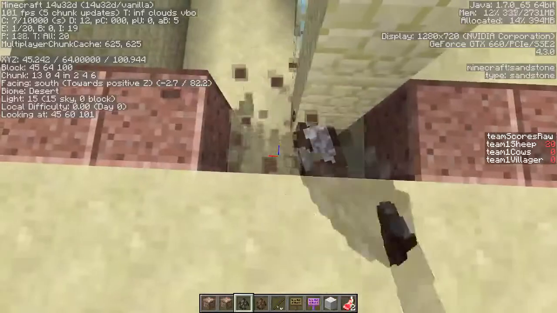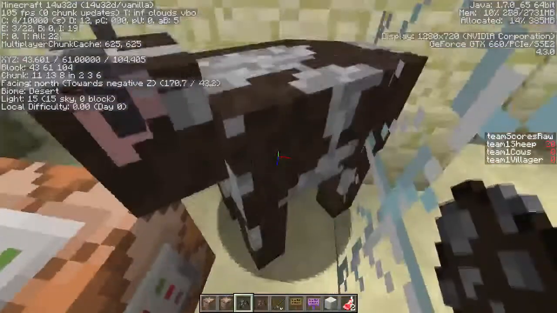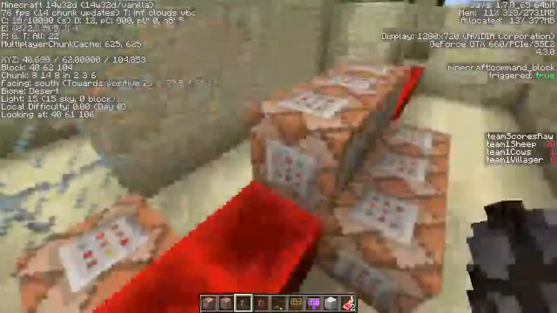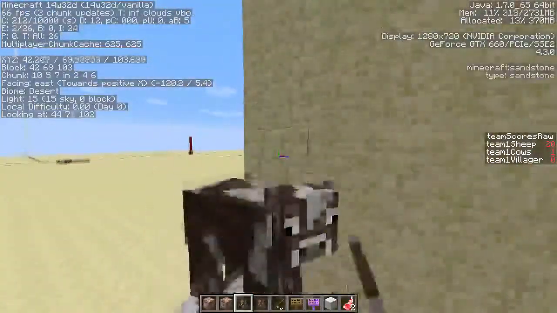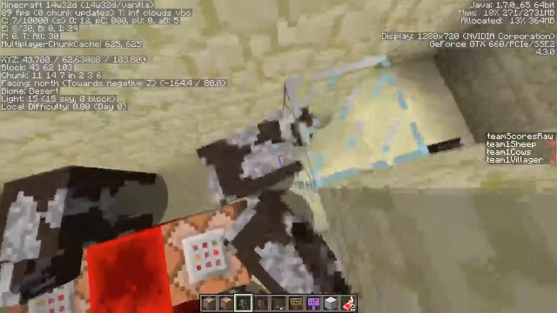It's not detecting cows there. It's not detecting cows there. And it's not detecting cows in here. It apparently found a cow somewhere. Where did it find a cow?